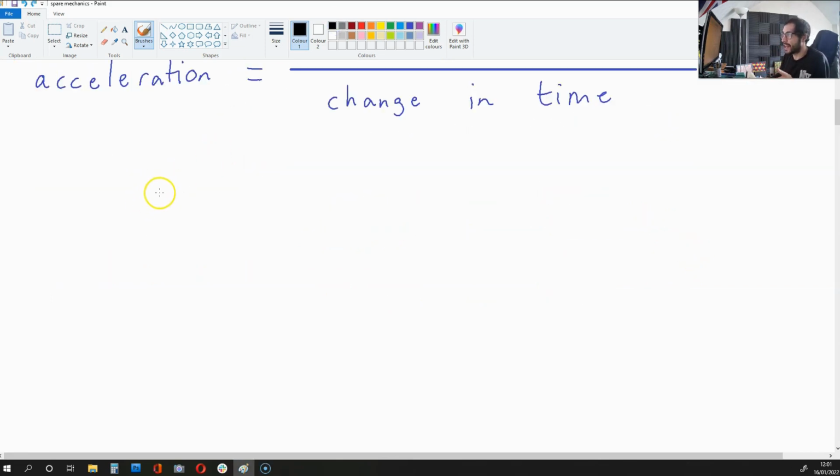So this means that A is equal to the final velocity minus the initial velocity over time. Okay? So this is acceleration over here. If we multiply both sides of this equation by t, we get AT is equal to V minus U.